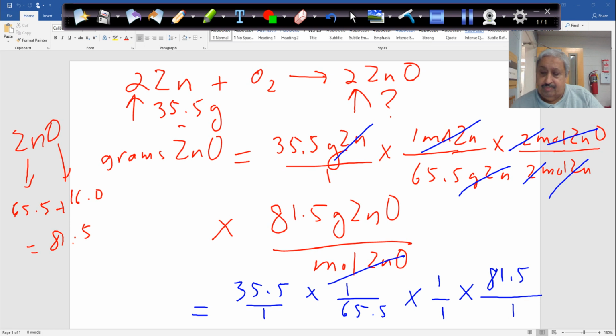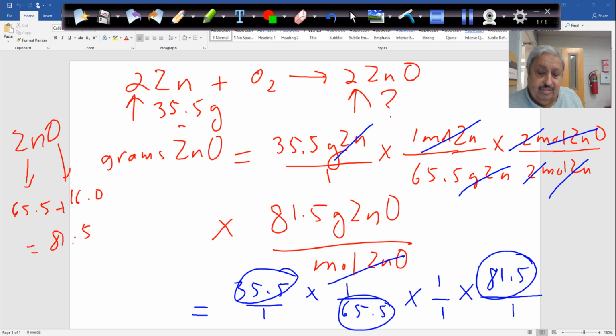So we have to multiply these and divide them by 65.5 at the bottom. And the answer has to be rounded to how many sig figs? 3 sig figs, correct? All those are 3 sig figs.